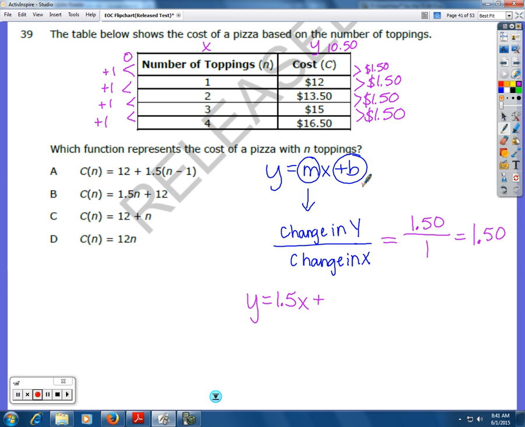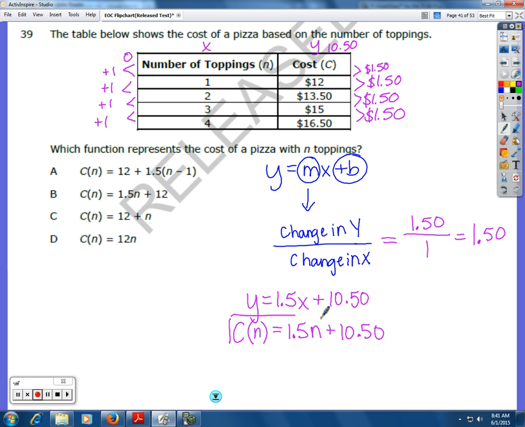So that means that my y-intercept is going to be $10.50. Now if you put this in terms of the variables that they use, the cost of the pizza per toppings is 1.5 times the number of toppings plus $10.50. So they initially charge $10.50 and then each topping is $1.50.